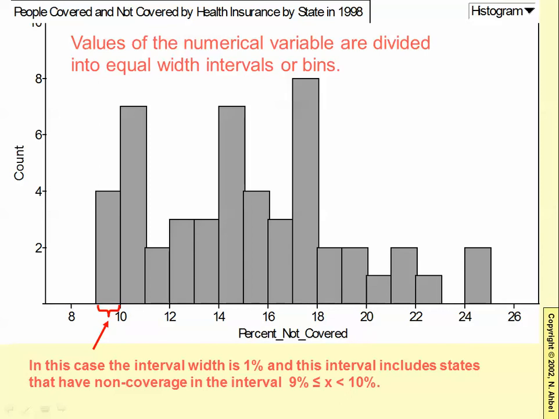So it's important that we know if the data is exactly 10% into which bin or interval it falls. In this case, it would fall into the one that's shown.